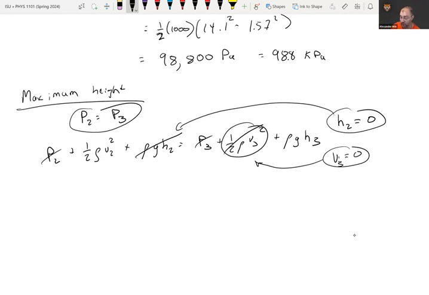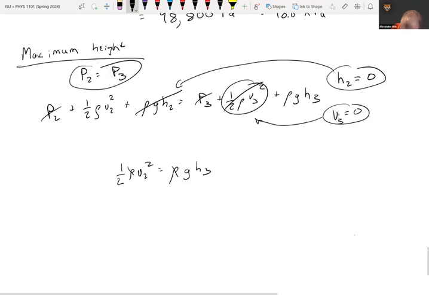So this term vanishes right here. And now what we have is something very similar to finding a maximum height using an energy equation, or even a maximum height using a kinematics equation. So what we end up with is 1/2 rho v2 squared equal to rho g h3. Now we cross those out, and then we can find h3. h3 is going to be v2 squared over 2g.